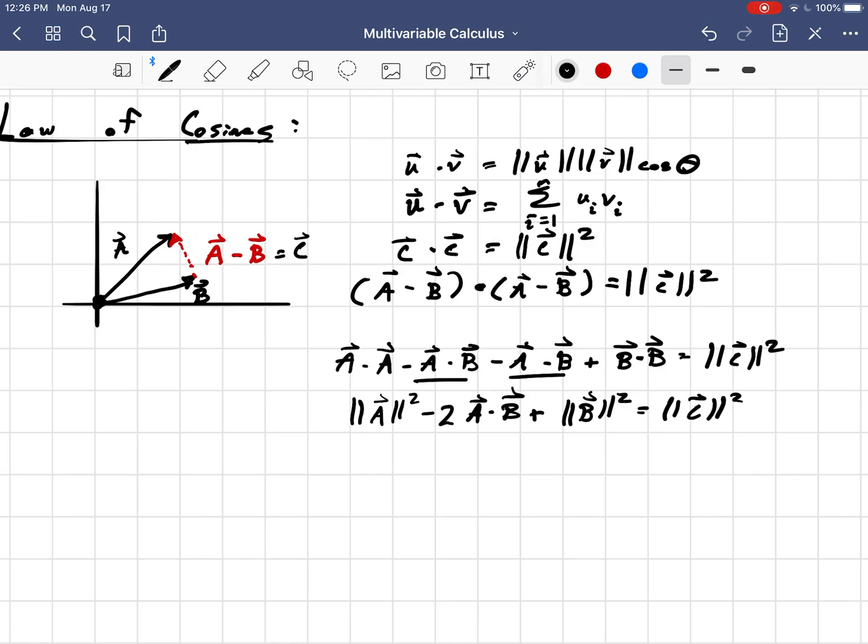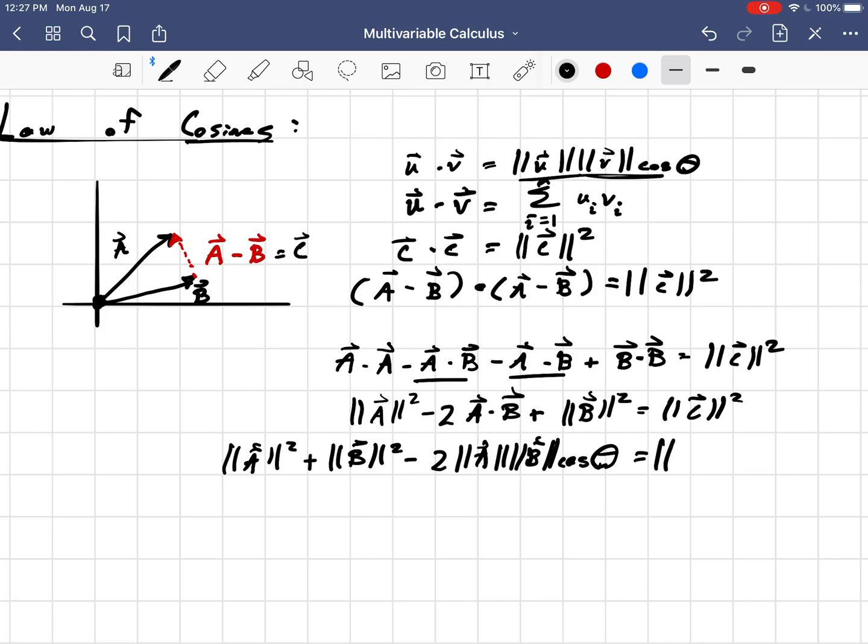And then, using the definition of the dot product, we get the magnitude of vector A squared plus the magnitude of vector B squared minus 2 times the magnitude of A, times the magnitude of B, times the cosine of theta, the angle between the two vectors, is equal to the magnitude of vector C squared.